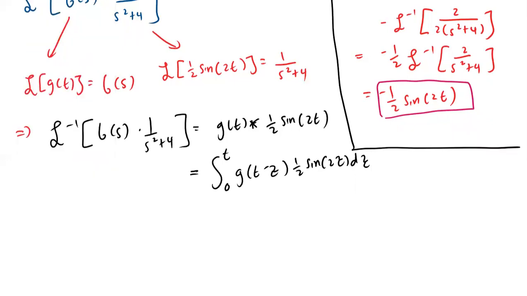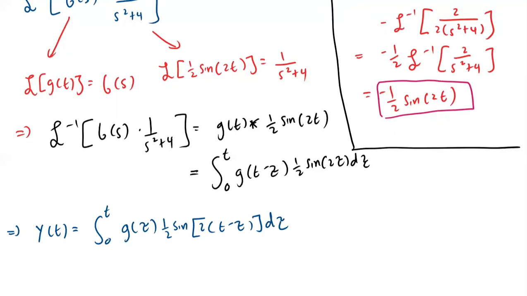Combining everything, y of t is equal to this thing, this convolution, so the integral from 0 to t of, and just for sake of demonstration, I'm just going to write the t minus tau on the other function, g of tau times 1/2 sine of 2, let me use brackets, 2 times t minus tau d tau.